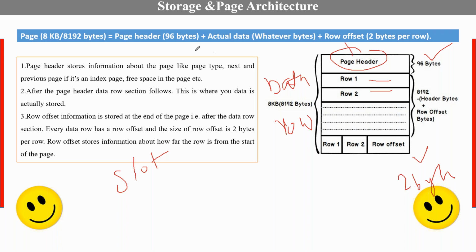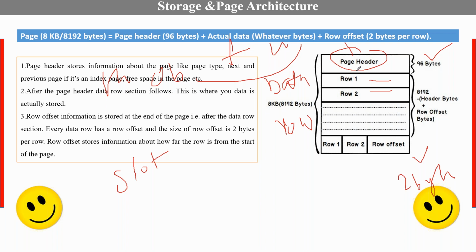The page header contains how much free space, how much data is filled, which object the data belongs to, and how many slots are available. All this information is stored in the page header. Getting my point, sir? What information is available in the page header?